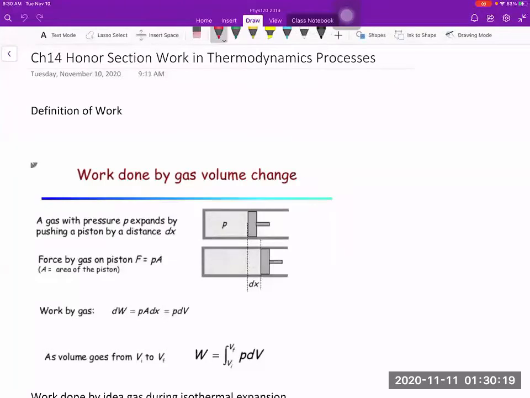The definition of work is force times displacement. If you apply a force to an object and it moves a certain distance, the displacement will give us the amount of work.